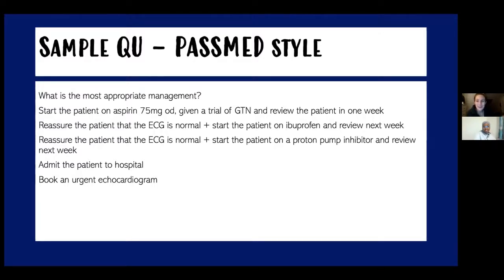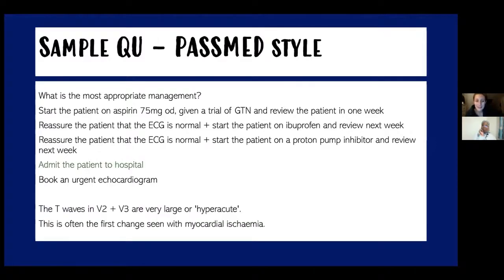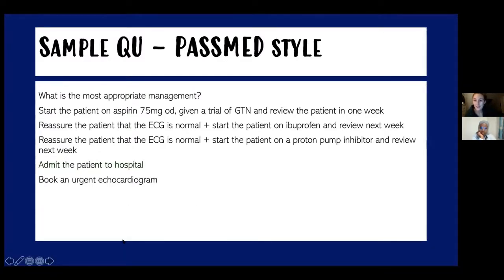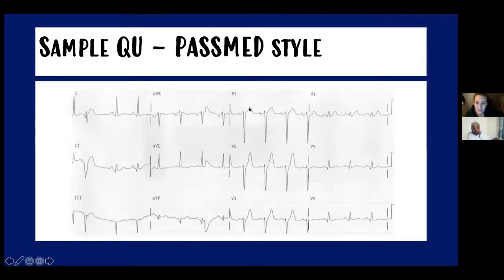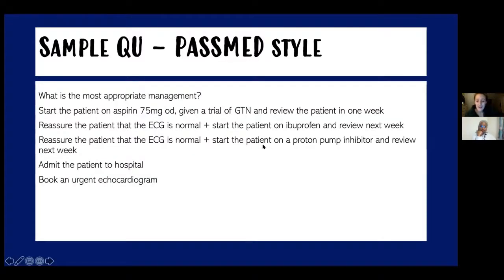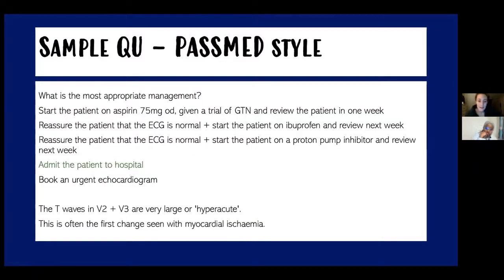Oh no, don't worry. So with this one, this lady has hyperacute T waves. So if you looked back here, these T waves, we don't have an old ECG to compare to, but these are large T waves. So they are indicative of an MI. They could be the first thing you'd see.